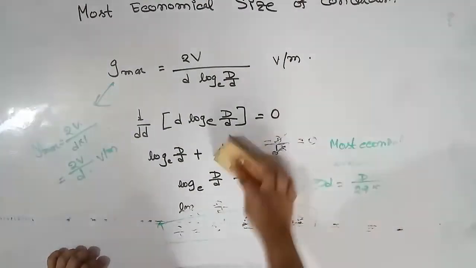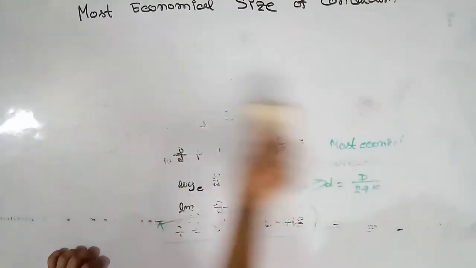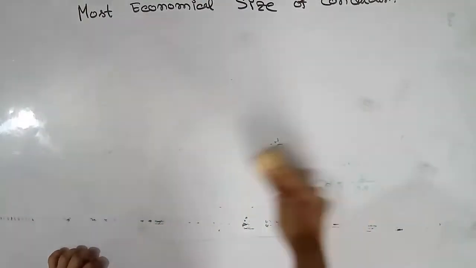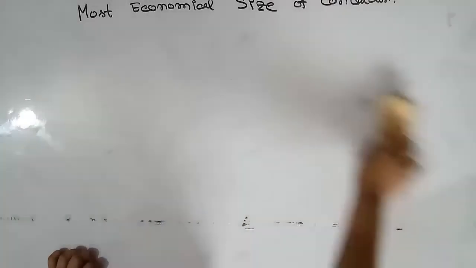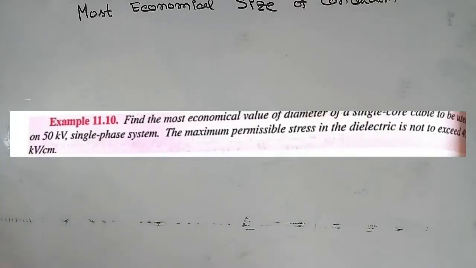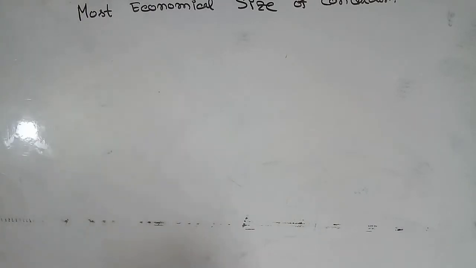Now we solve problems. The first problem is find the most economical value of diameter of a single core cable to be used on 50 kV single phase system. The maximum permissible stress in the dielectric is not to exceed 40 kV per centimeter.